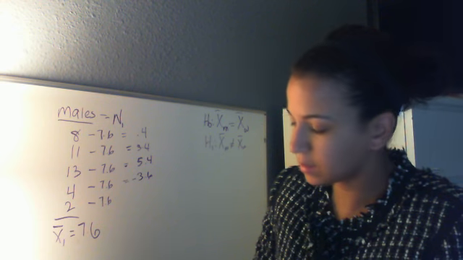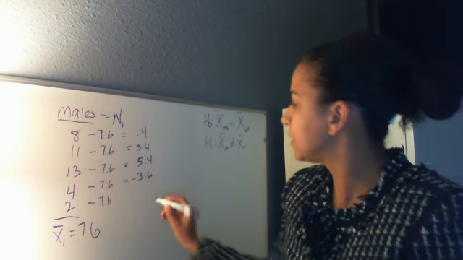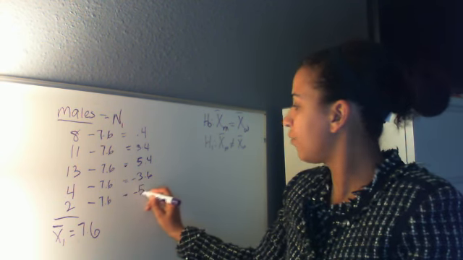And 2 minus 7.6 is equal to negative 5.6.